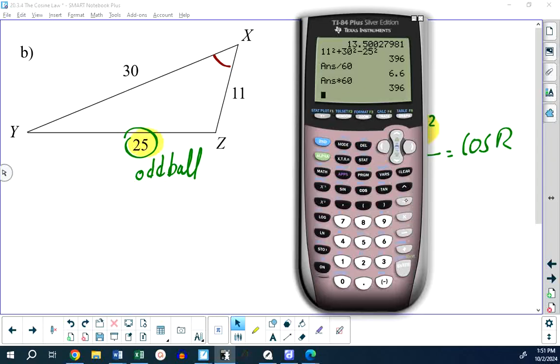I have to divide that by 660, that's right, 2 times 30 times 11. And I get 0.6. Oh, okay, r is the inverse cosine of that, 53.